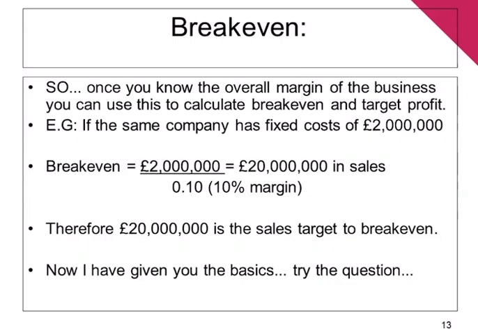So once you know the margin, you take your fixed costs of, say, an imaginary 2 million, you divide it by a 10% margin, and we would need in the region of £20 million worth of sales to break even, to cover those fixed costs of 2 million.